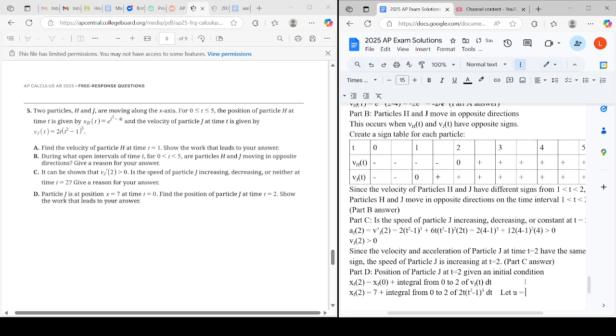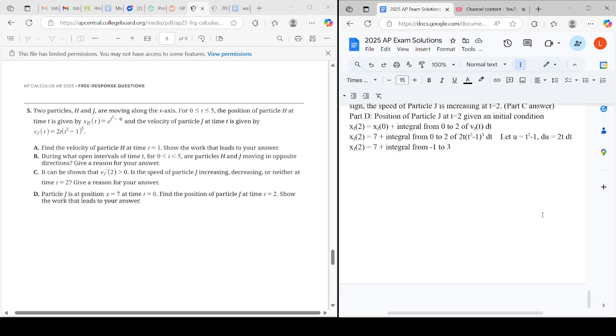So let u equals t squared minus 1, du equals 2t dt. So the 2t outside would cancel out, but then we would have to change the bounds of integration to t squared minus 1. So this would become x sub j of 2 equals 7 plus the integral from -1 to 3, because when you do a u sub, you have to replace the bounds with the values of t squared minus 1 instead of using the original bounds.